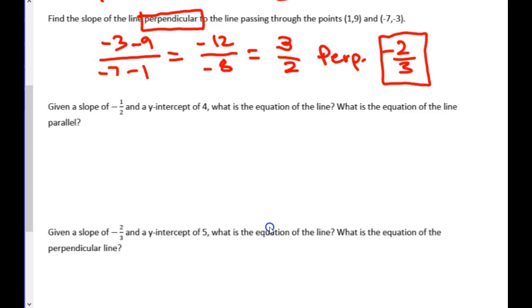When you're given a slope and an intercept, you're going to use slope-intercept form. Okay? So that means we're going to have it in this mx plus b form. Slope is m. Y-intercept is b. So let's write an equation. Y equals, what is my m? Negative 1/2 x plus, what's my b? Plus 4.